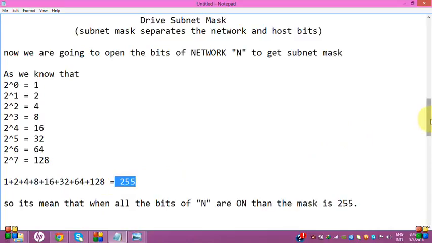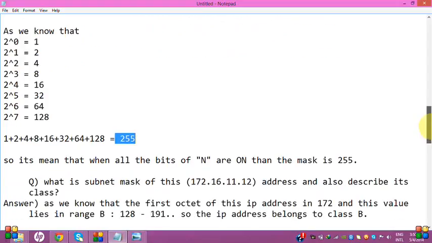It shows that when a network octet has 8 bits and all 8 bits are on, then it equals 255. So when all the bits of an octet are on, the mask is 255.